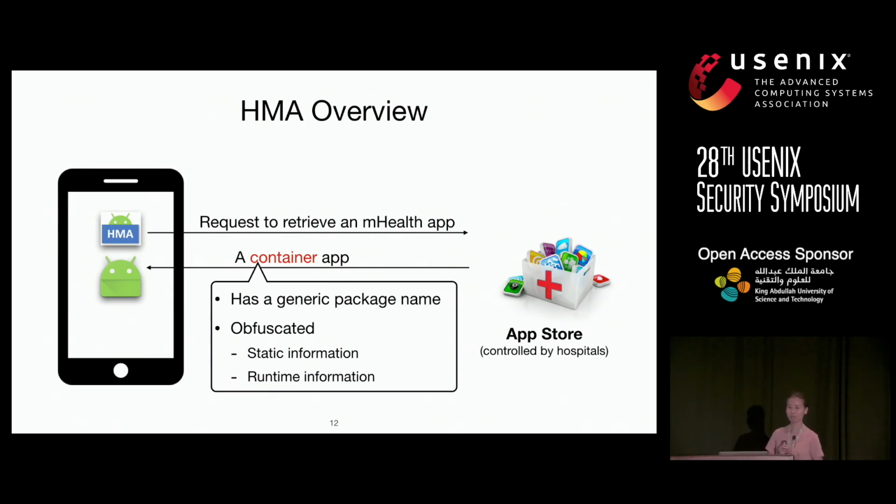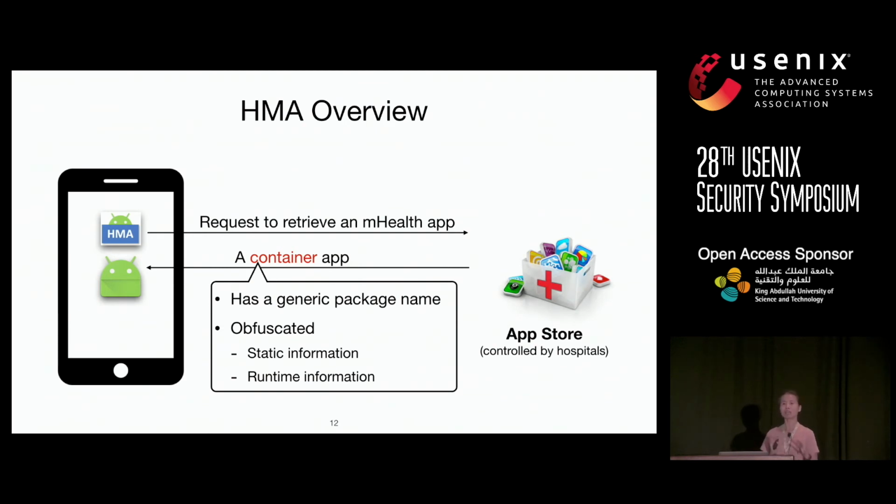Now, launching an APK from within the context of another app is not a new idea. It's a problem that is well studied in previous works by using a technique called app virtualization. What I would like to say here is that app virtualization was designed to solve a different problem. In particular, it's used to solve the problem of sandboxing malicious apps, hence different threat model and different design requirements.